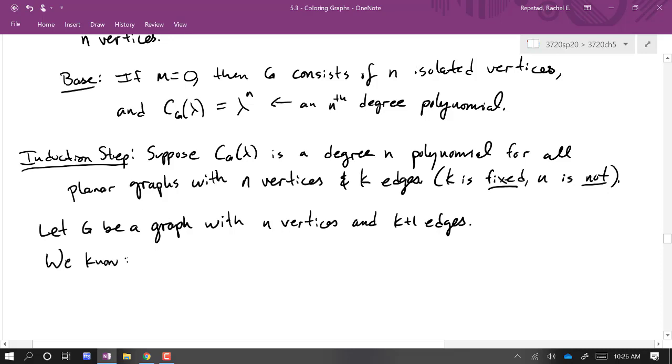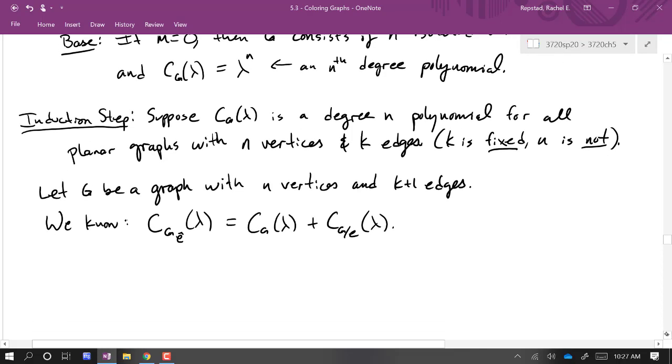We already established this result: the chromatic polynomial for G sub E hat, if E is some edge in the graph, is the sum of the chromatic polynomials for G and G mod E. I'm just going to rearrange this equation to solve for this term.